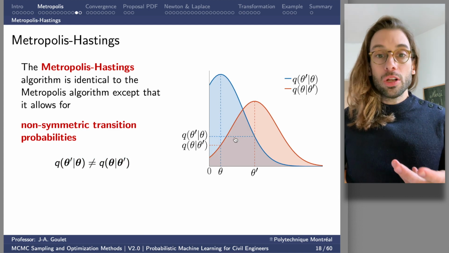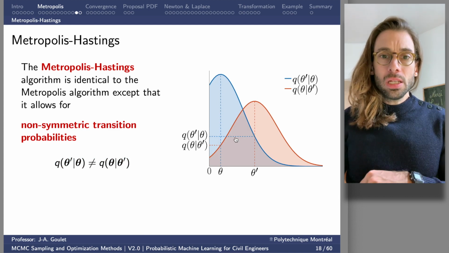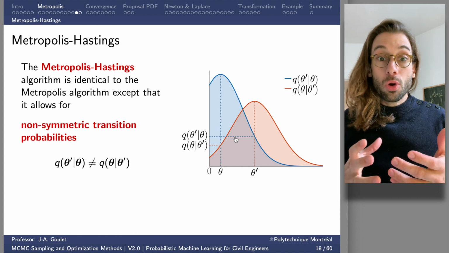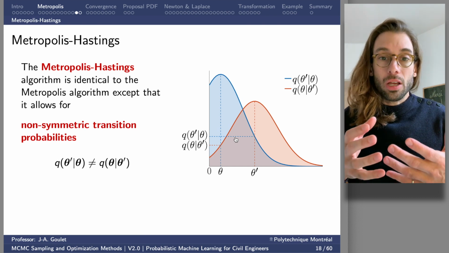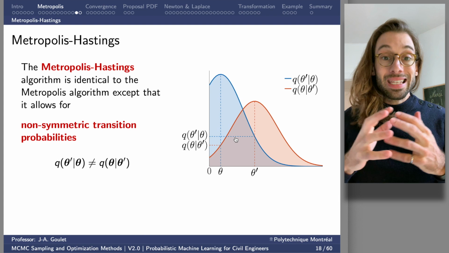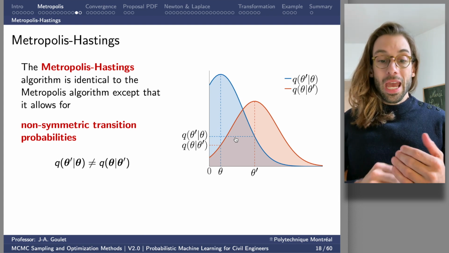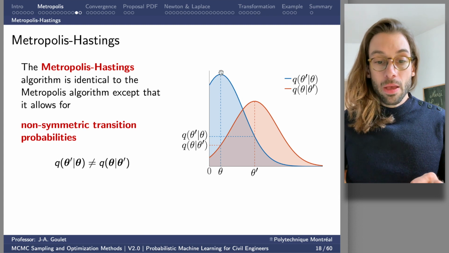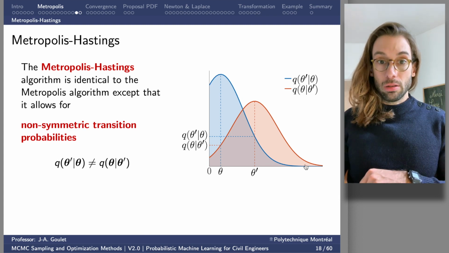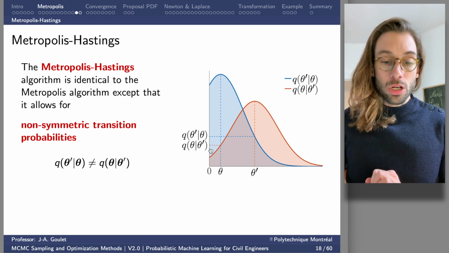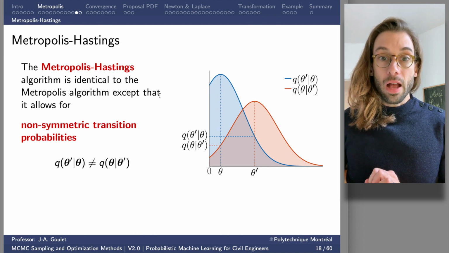When could that happen? For instance, if we're trying to explore a parameter domain for something like the standard deviation, which is only defined in the positive domain. In that case, we might want to rely on proposal PDFs that are truncated Gaussians, which are not defined for negative values.